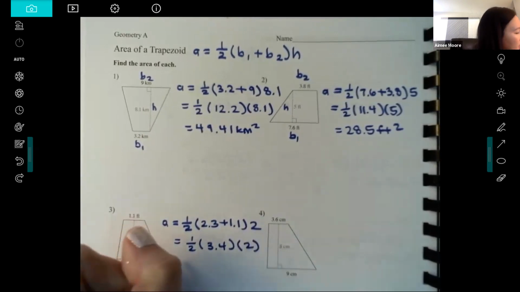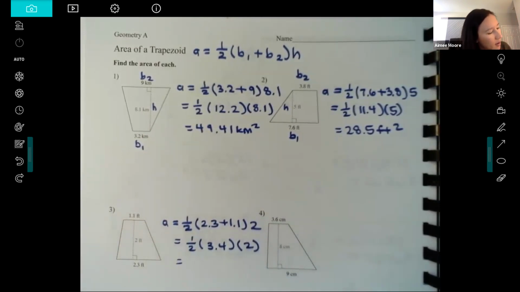And then go ahead and do it on your calculator and tell me what you get. I got 1.7, but then times 2.